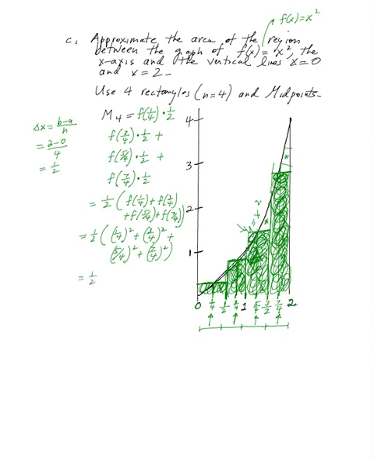So that's 1/2 times 1/16 plus 9/16 plus 25/16 plus 49/16.